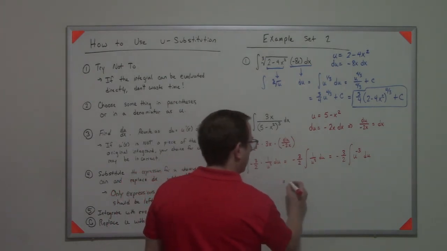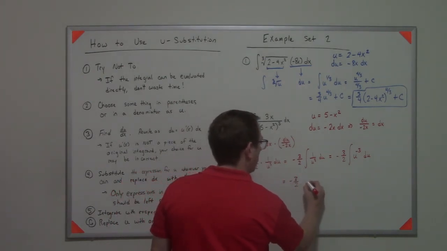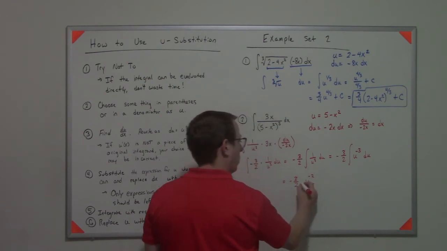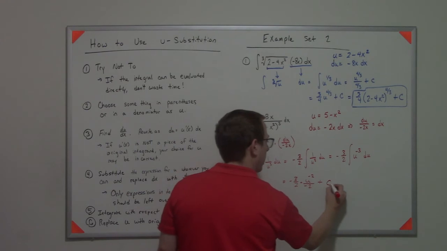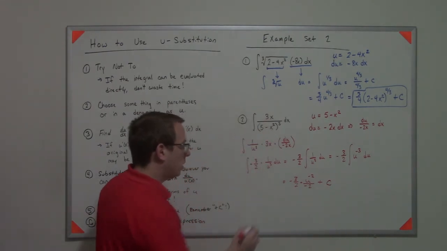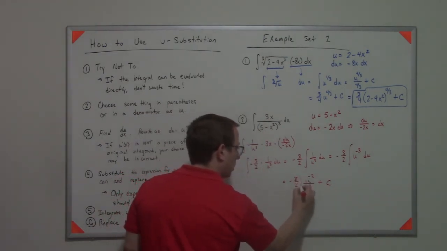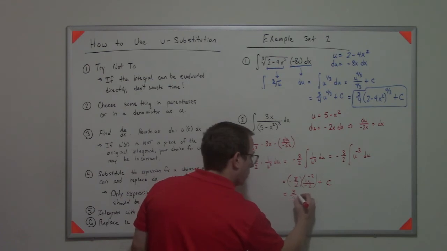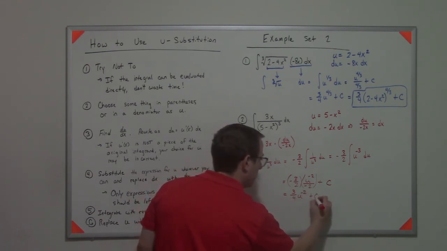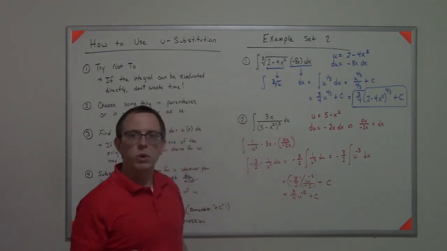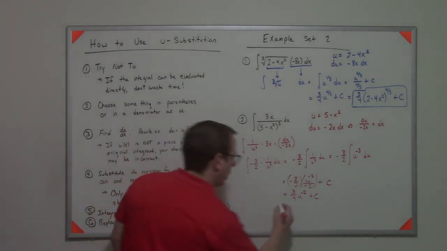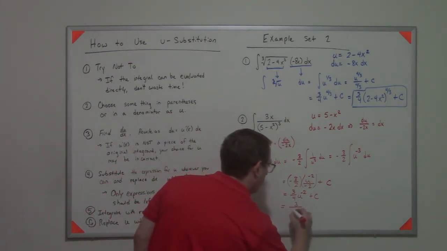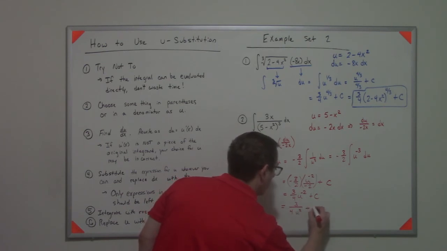So I can say negative 3/2. I add 1 to the power and then divide by that new power. And then I have an arbitrary constant. So the negatives cancel, and this becomes 3/4 u to the negative 2 plus c, which we don't like negative powers generally, so I'm going to say 3 over 4 u squared plus c.